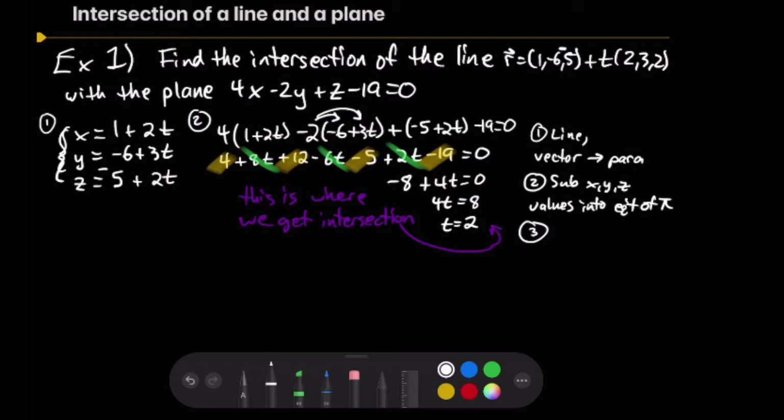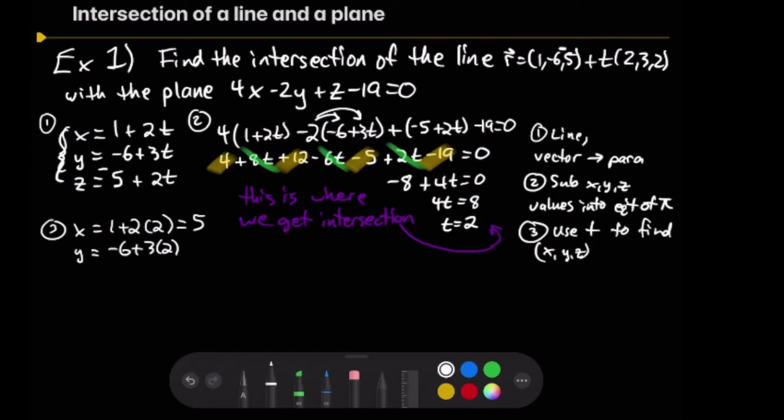So in our step 2, we solved for t. In step 3, we're going to use t to find our actual x, y, z point. So step 3, looking at our parametric equations, plugging in our value for t. So t is a value of 2. So we're going to have an x value of 5 at our point of intersection, and y, negative 6 plus 3 times 2 is going to be 0.